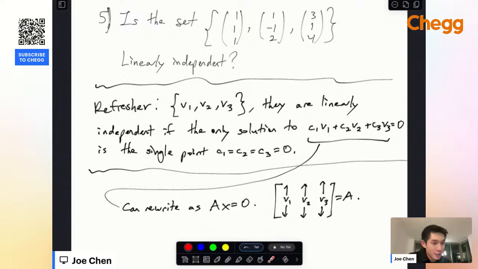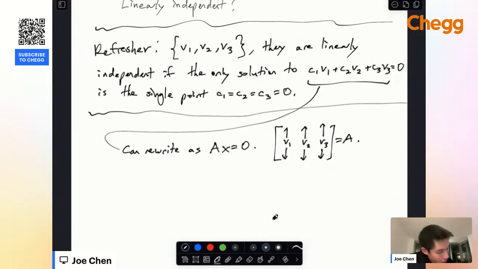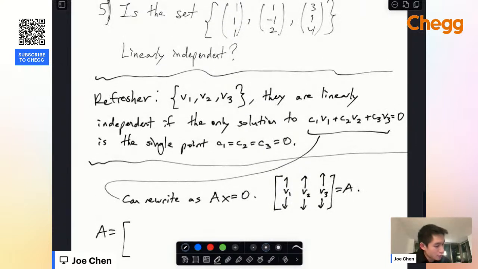But the procedure is what I just mentioned. I can put them together in a matrix. So here A will be equal to (1, 1, 1), (1, -1, 2), (3, 1, 4) as the columns.